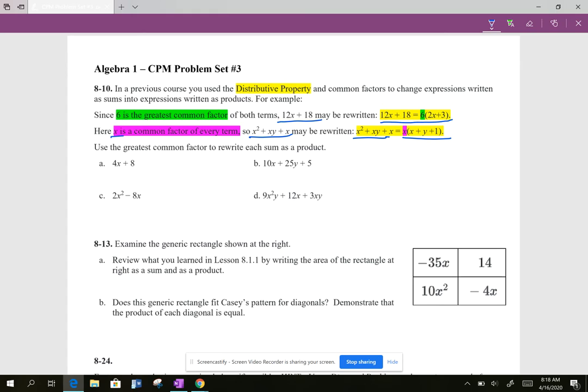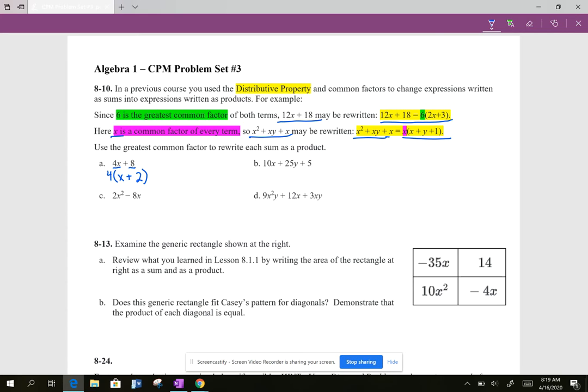4x plus 8. What is the greatest common factor of 4x plus 8? In other words, what is the greatest term that goes into 4x and 8? That would be 4, okay? Not 2. 2 does go into 4x and 8, but 4 is the greatest number that goes into both of those terms. 4 times x would give us 4x. 4 times 2 would give us 8, okay?